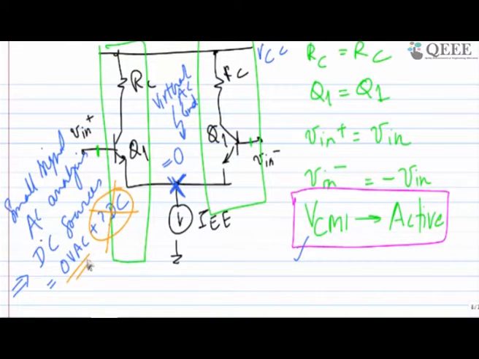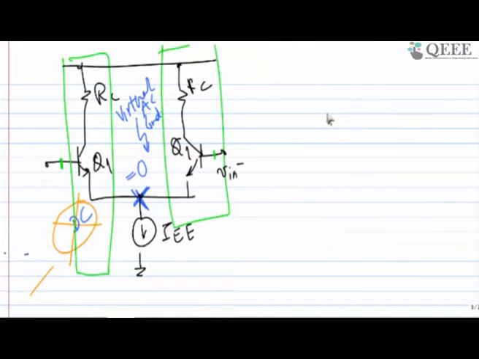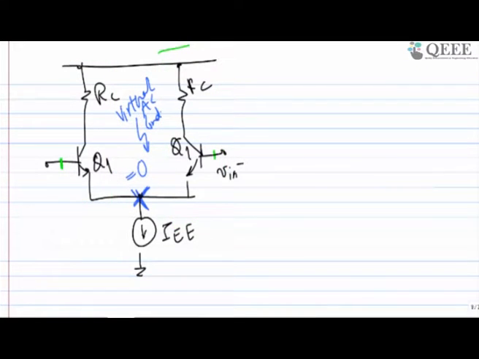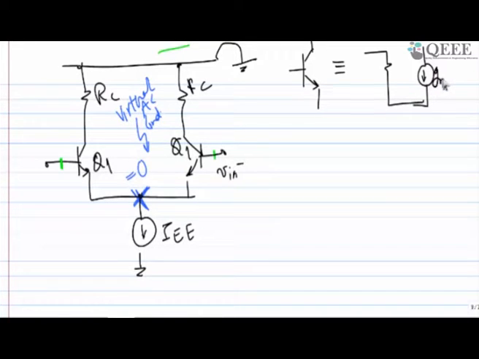Okay, so if we have all this information, what you can do is keep this DC voltage as a ground, and the BJT is equal to this one. We have derived this one. This is base, this is emitter, this is collector.